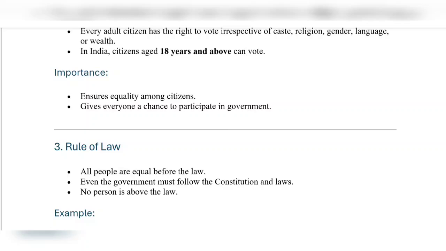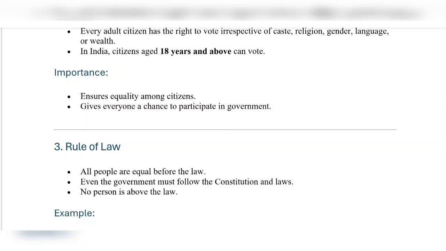Do you know, when India became independent, only 14% of people were literate, and among women the literacy rate was just 8%? But our leaders decided that we would give voting rights to everyone.